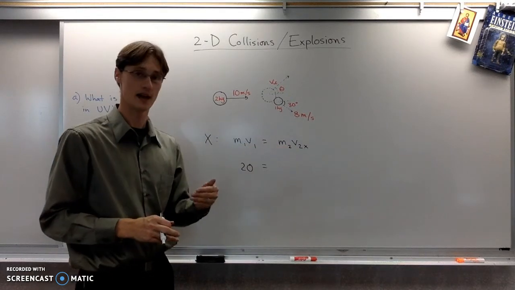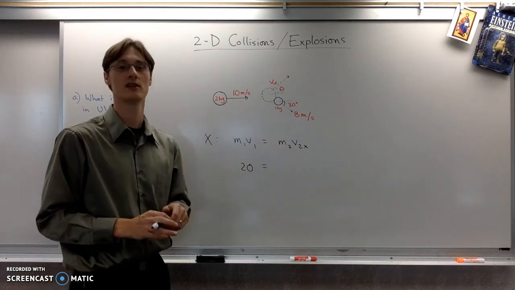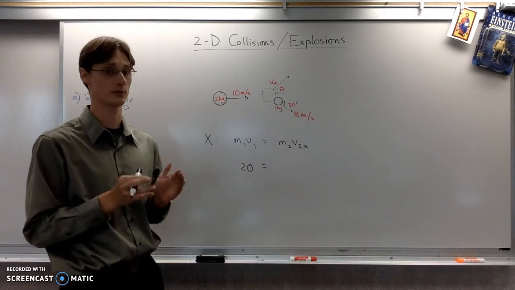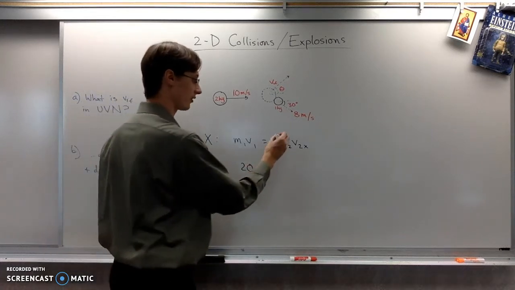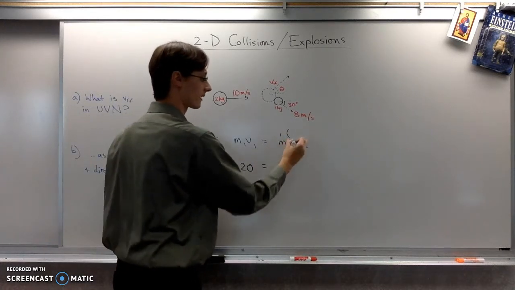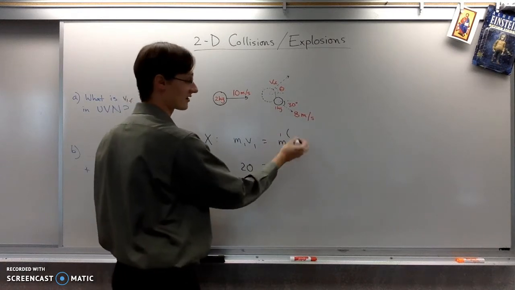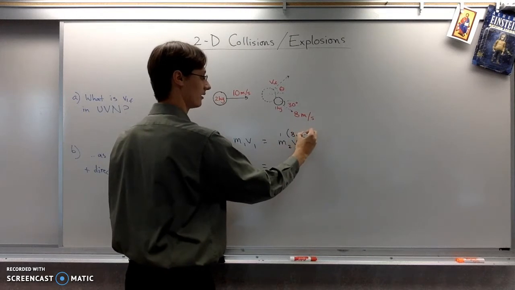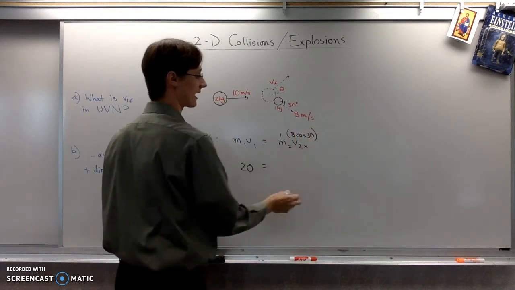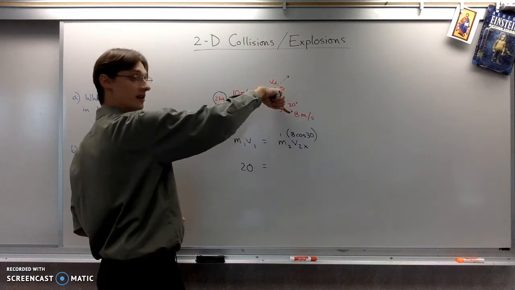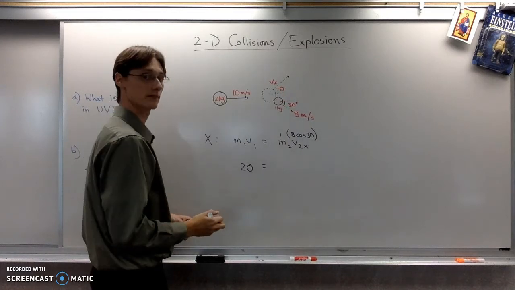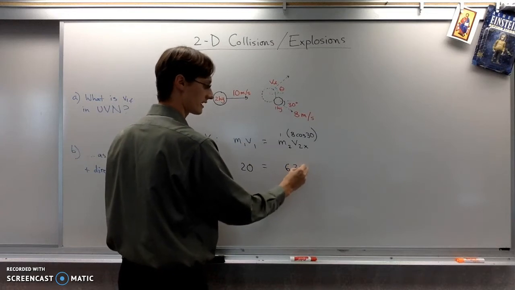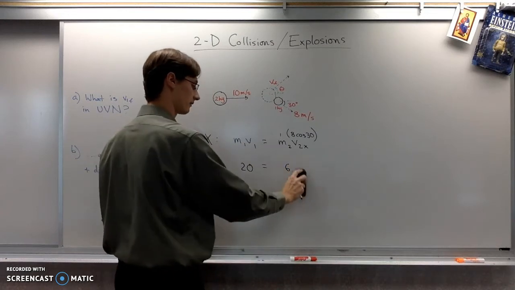Notice I'm saying m2 v2x to indicate that we just want the horizontal component of it. So that would be 1, and then for v2x, it's not just 8. Remember, it's going to be 8 cosine 30, because that would be the horizontal component of this 8. So that's going to be 6.93.